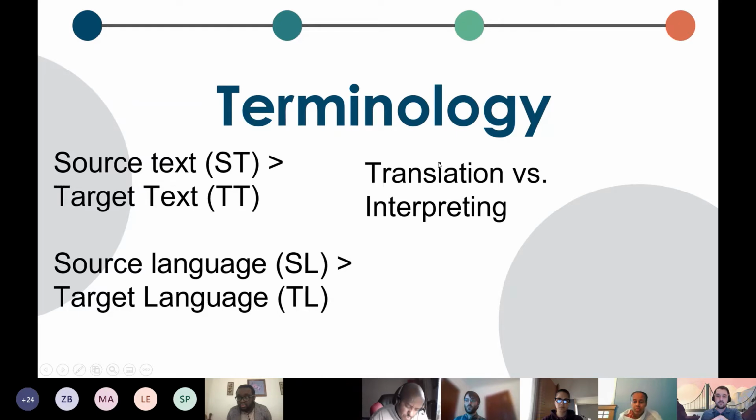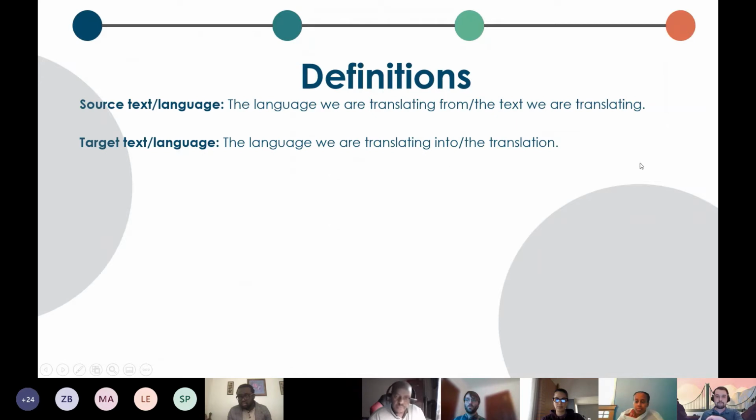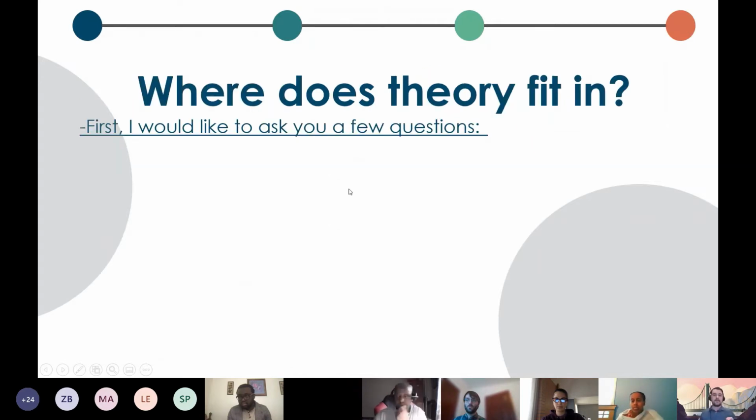There are many different mediums. There are many different ways that we can translate, and there are also many different ways we can interpret. But usually, translation, as a rule of thumb, is a text. Interpreting is spoken word. So that's basically what I talked about.